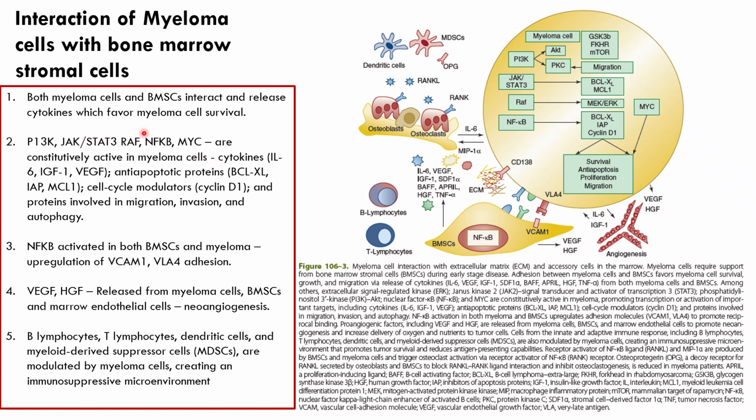These are the pathways that are constitutively activated in myeloma cells, which then secrete cytokines, anti-apoptotic proteins, cell cycle modulators, and proteins involved in migration, invasion, and autophagy. Nuclear factor kappa B is activated in both bone marrow stromal cells and myeloma cells for regulation of VCAM1 and VLA1 adhesion, and there is a release of VEGF and HGF from the myeloma cells.